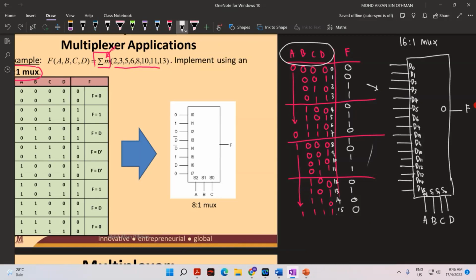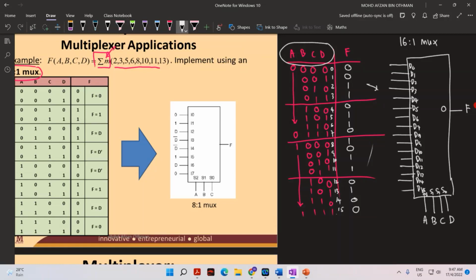Jangan salah. Make sure the kedudukan is sama dengan kita punya truth table. Kalau nak tukar kedudukan pun boleh, tapi nanti sambungan dekat input ni pening. So just follow the kedudukan from the truth table.